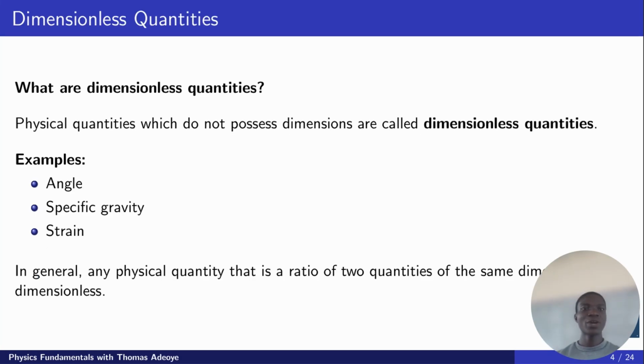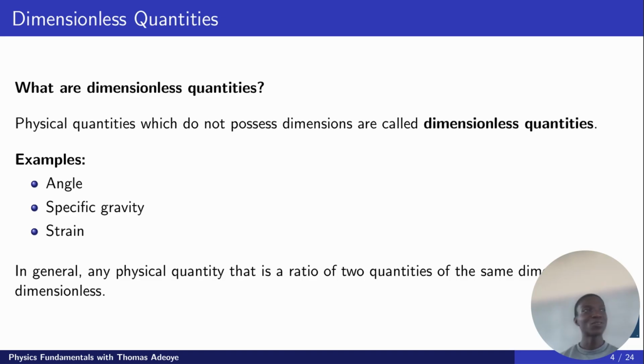So here we have dimensionless quantities. As the name implies, these are quantities that do not possess dimensions. And one example is angles. Angles don't have dimensions. Although angles have units, please note something.